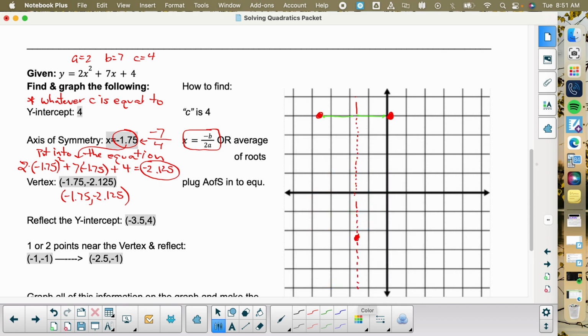You're going to make the mirror image over there. Because most of these numbers are not going to work out great, you're just going to kind of guess about where it goes. And then from this, we can make a U shape. That is a terrible drawing of a U. Do better than me.